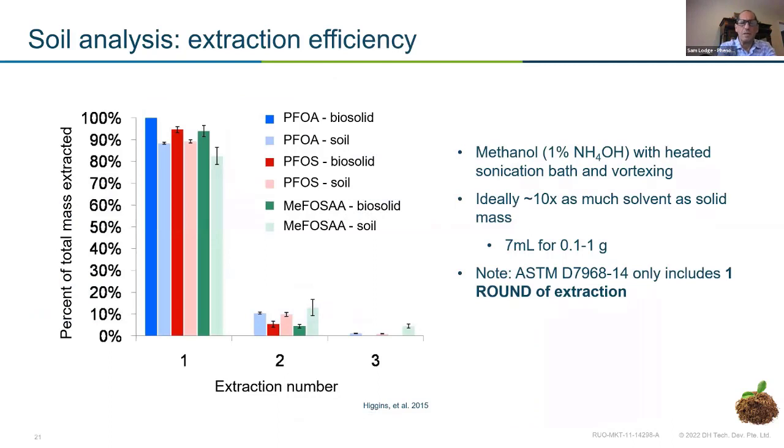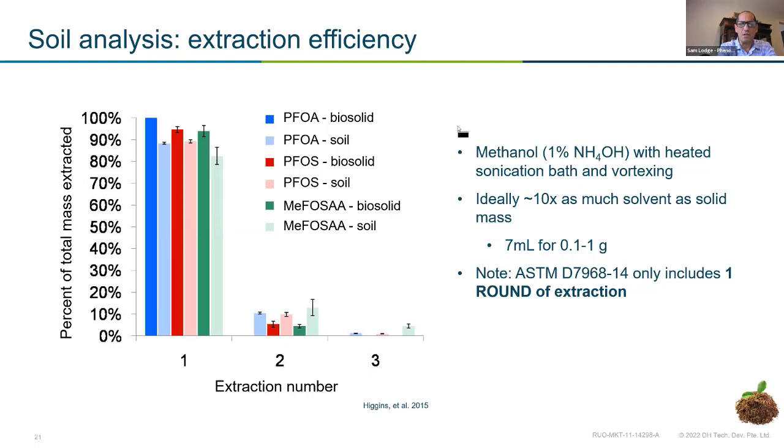As I mentioned, that methanol extract does disrupt a lot of the interactions between the PFAS analytes and the soil, but this is not a very efficient mechanism, especially as the chains get longer and you get greater degrees of interaction with the proteins in the soil, in the organic media.